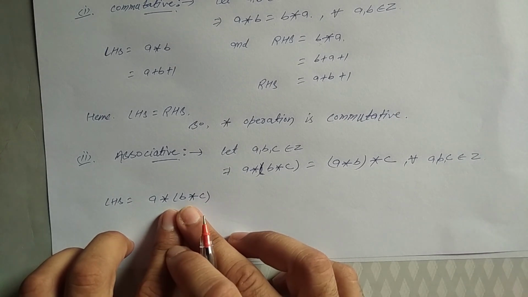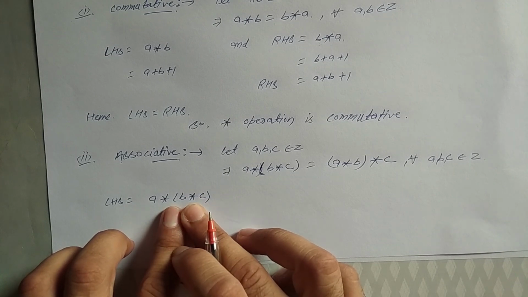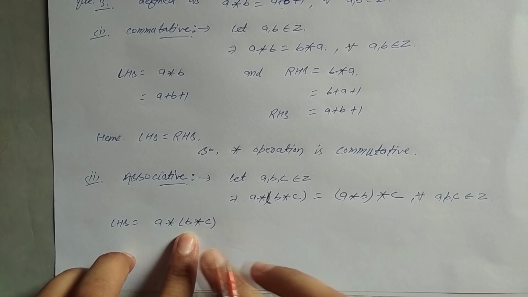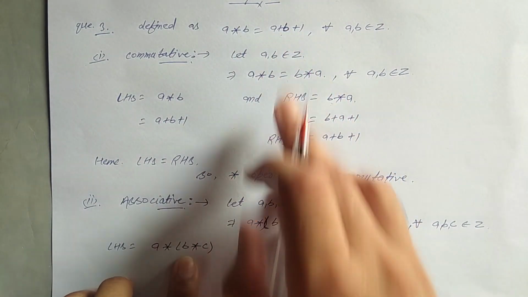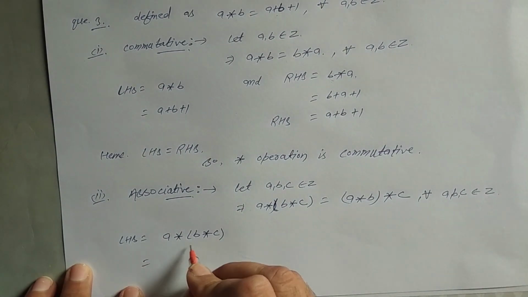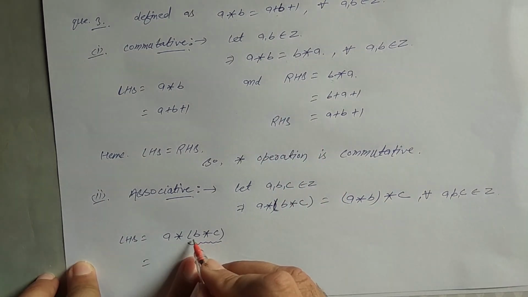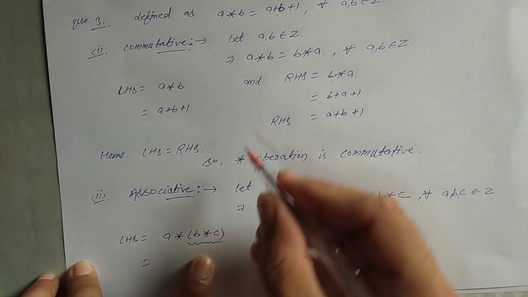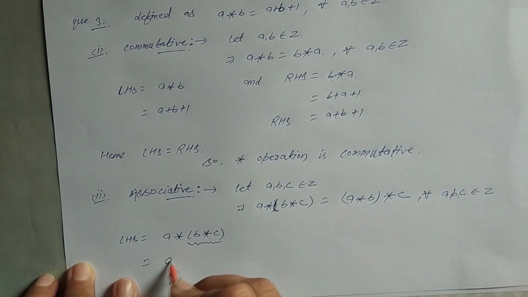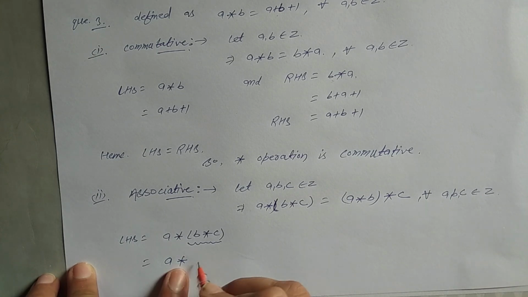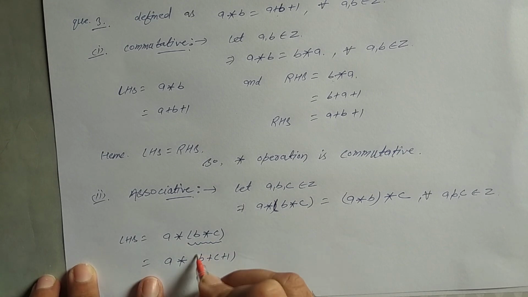B star C: elements B and C operate the binary operation. According to the question, A star B is equal to A plus B plus 1. So B star C means B plus C plus 1.